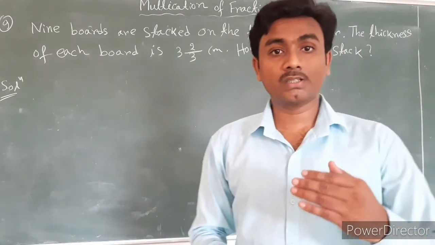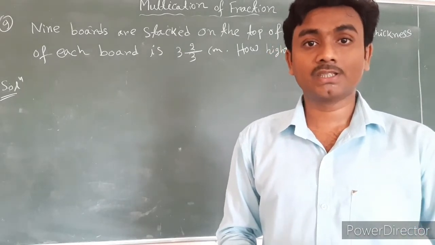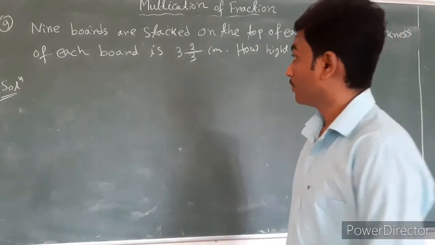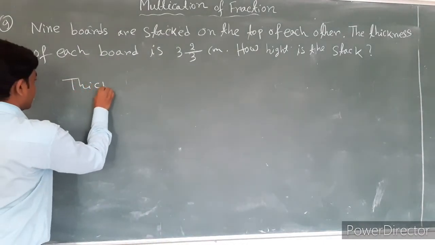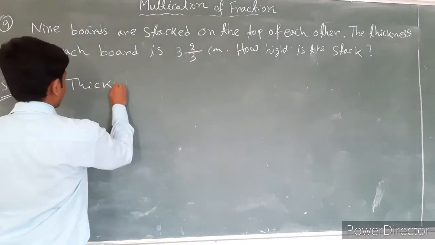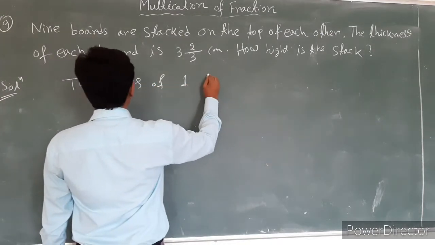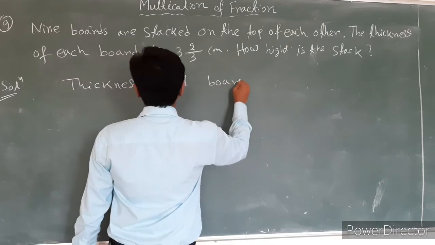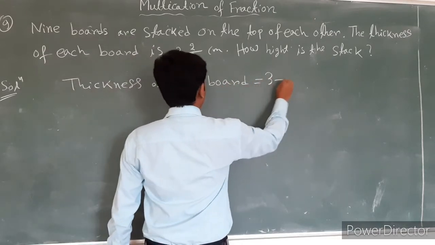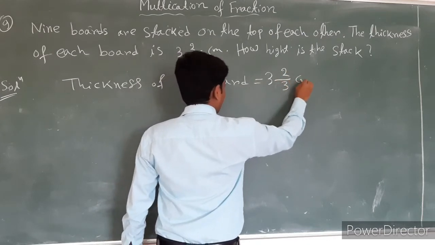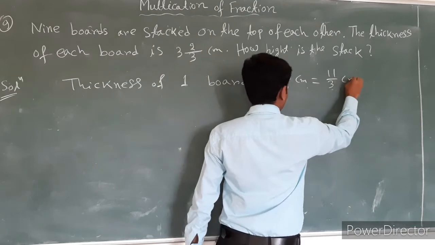Generally, when something increases, we multiply, and when it decreases, we divide. So the thickness of one board is equal to 3 whole 2 upon 3 centimeters, that is 11 upon 3 centimeters.